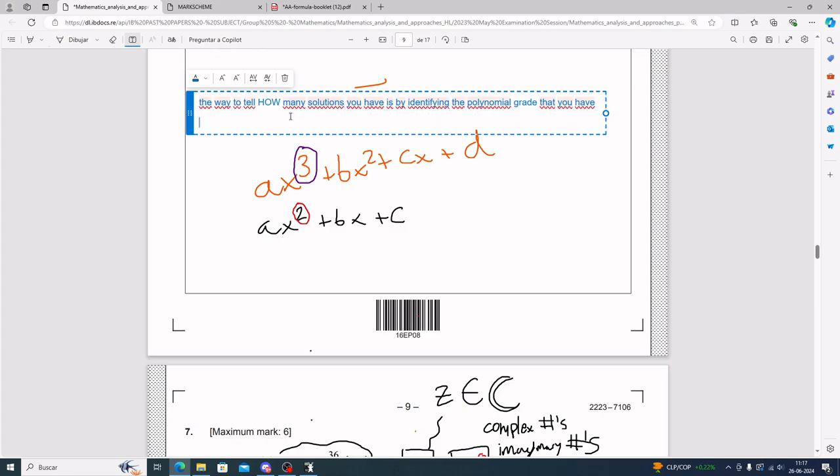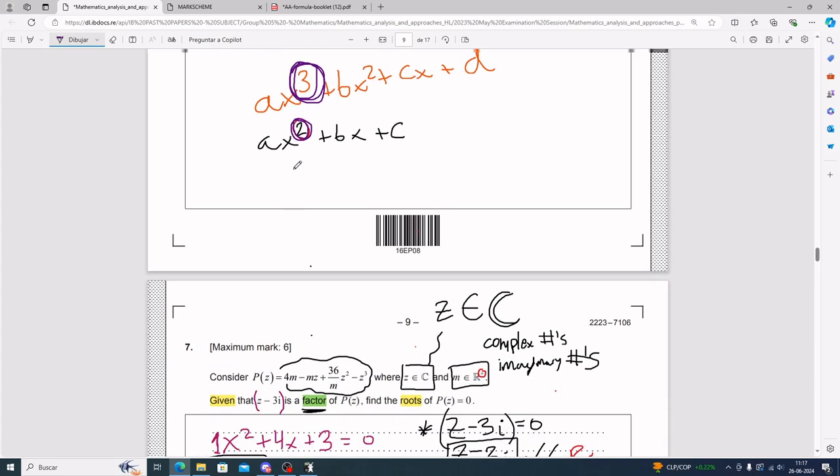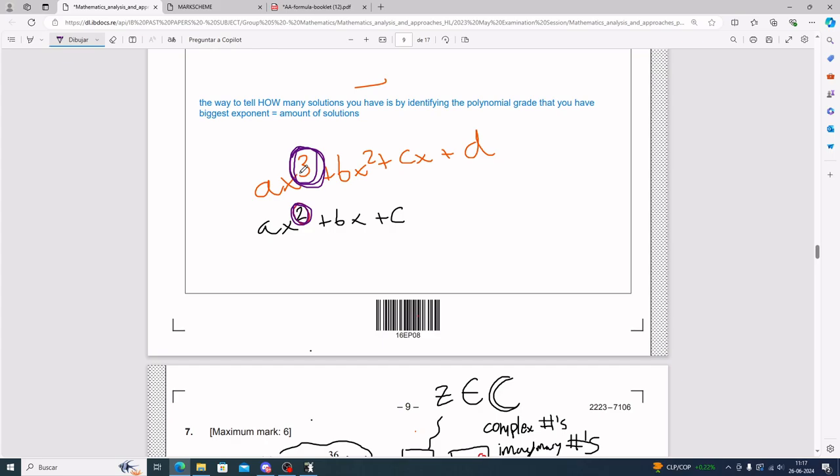What I actually want you to remember or write down is that the biggest exponent equals the amount of solutions. In this case we have an x to the power of 3, that means you have 3 roots, 3 solutions. Here you have an x squared, that means you have 2 solutions, right? Now we know because of the discriminant, some of them are imaginary, some of them are not, etc. Still, 2 solutions, 3 solutions, etc.